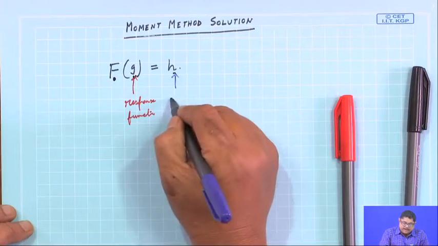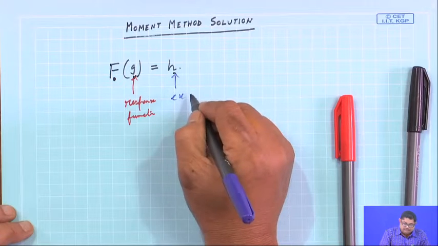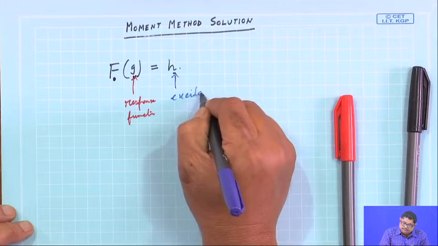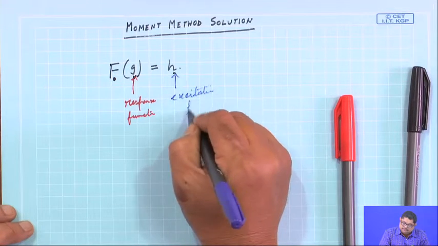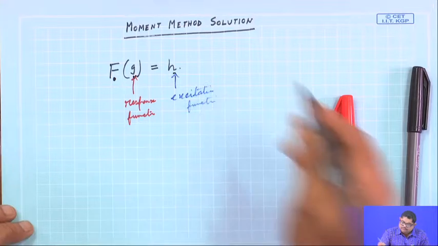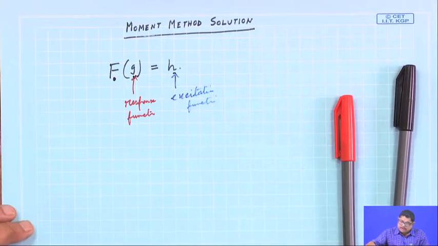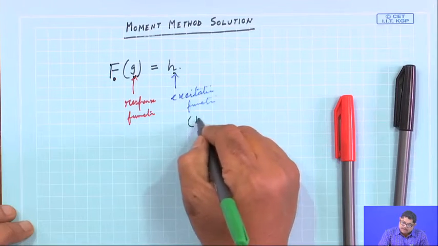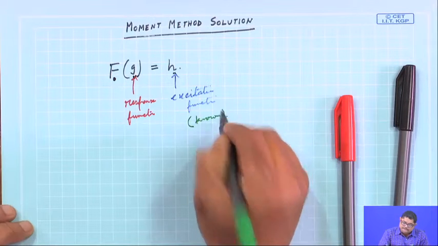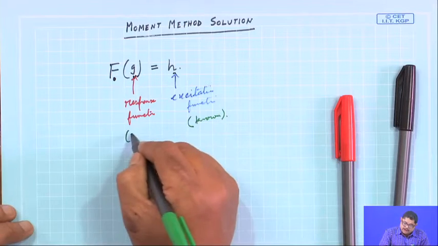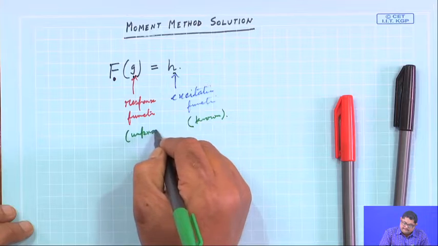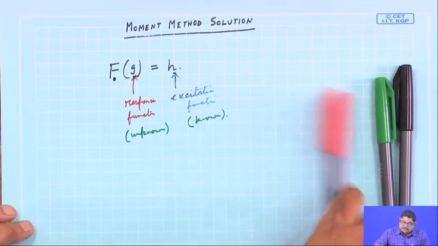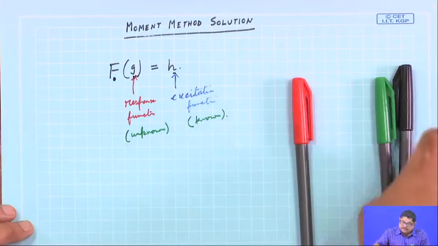this is an excitation function. Now I can say this is known, this is unknown, and what is this?